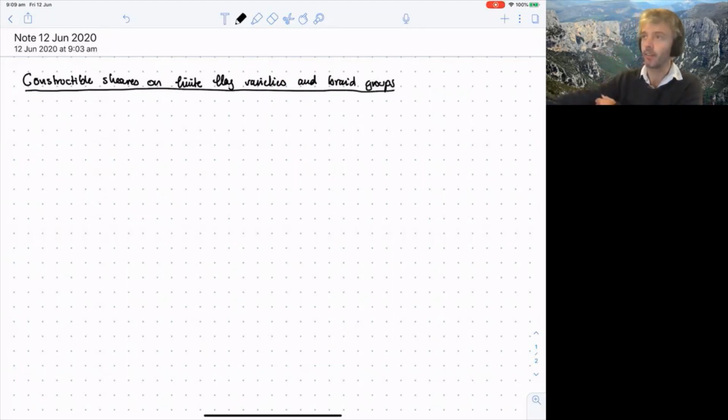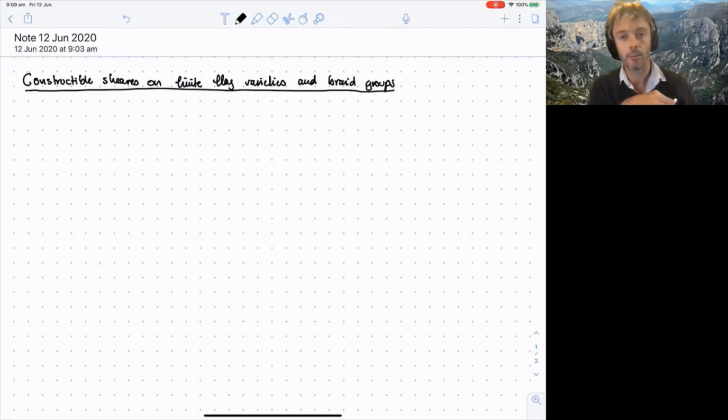When I started preparing these notes, I optimistically hoped that we'd have an hour on this and then we'd do an hour on the affine case. And of course, this was optimistic. So this will be the whole lecture today. And then next week, we'll do the case of constructible sheaves on affine flag varieties and affine Braid groups.